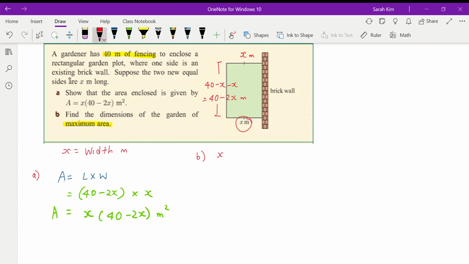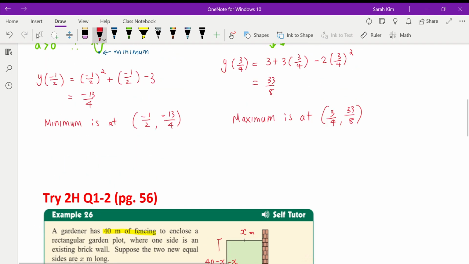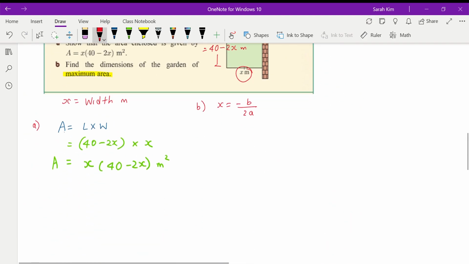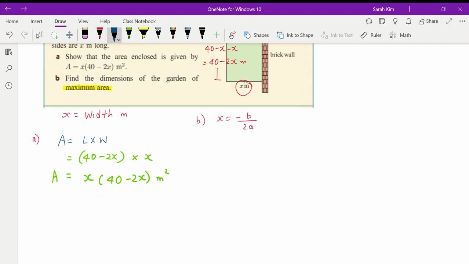In order to do that, I use the maximum coordinate, the vertex, negative b over 2a. Just double checking that it's right. I need to identify my a, b, and c, so I need a quadratic formula. So I'm going to go back and expand my formula. Okay. And then I should be able to identify my a, b, and c.